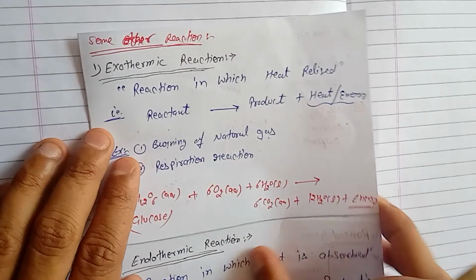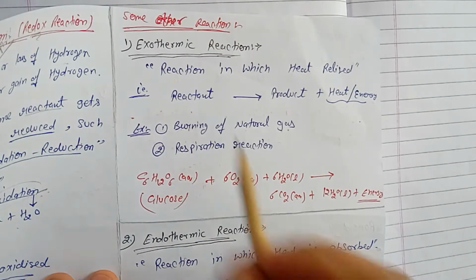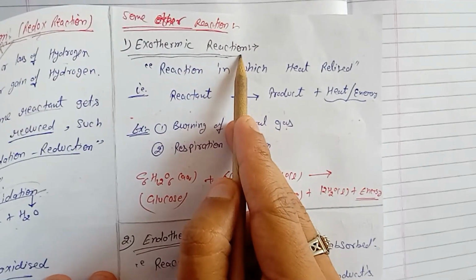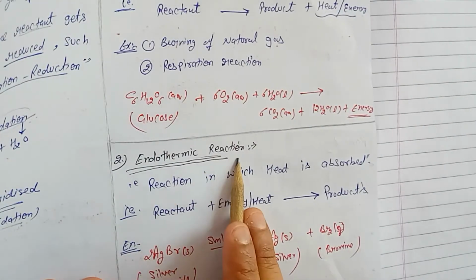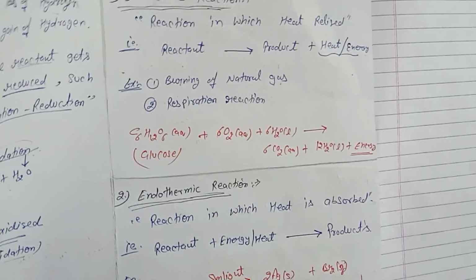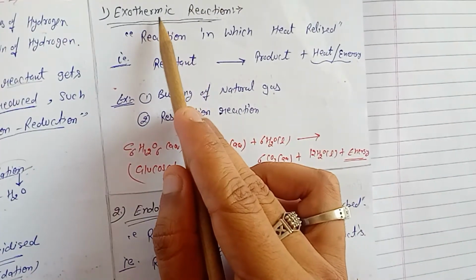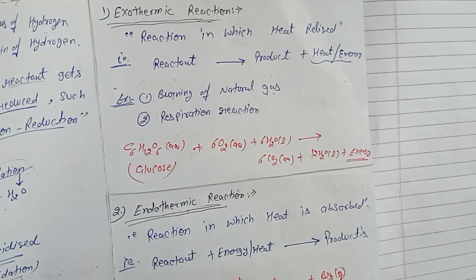Now we have some other reactions in our syllabus which are very important from your exam point of view. First one is exothermic reaction and endothermic reaction. In the previous lecture we discussed them briefly.